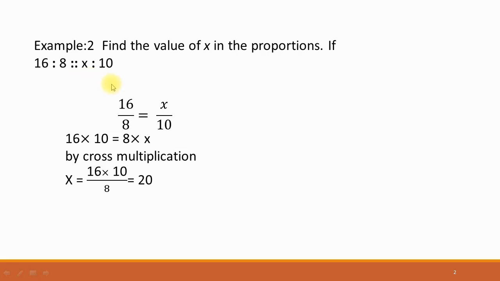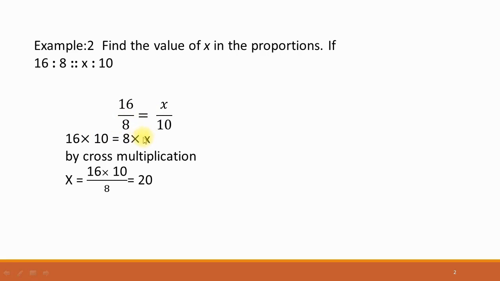So by cross multiplication and by the definition of ratio, we can write 16 by 8, and proportion means equal, x by 10. So now by cross multiplication, 16 multiplied by 10 is equal to 8 multiplied by x.